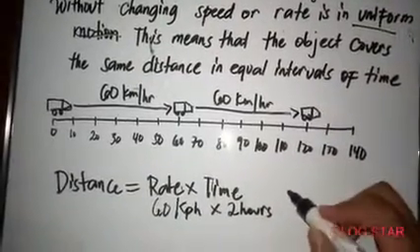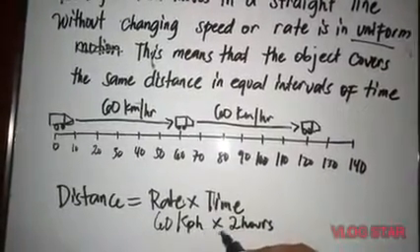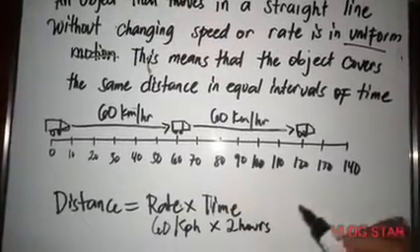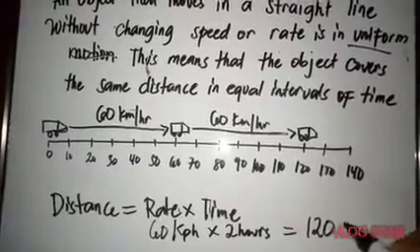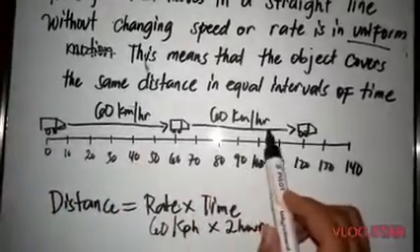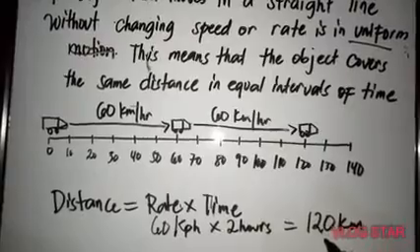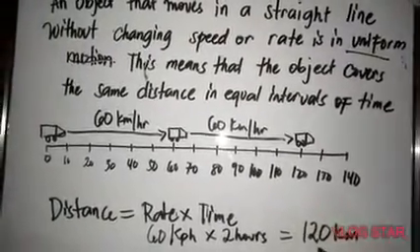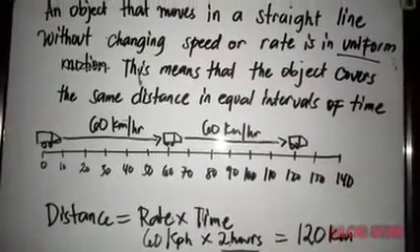If we get the answer, 60 kilometers per hour times 2 hours, the distance would be 120 kilometers. So that is the distance for the rate of 60 kilometers per hour and the time of 2 hours.